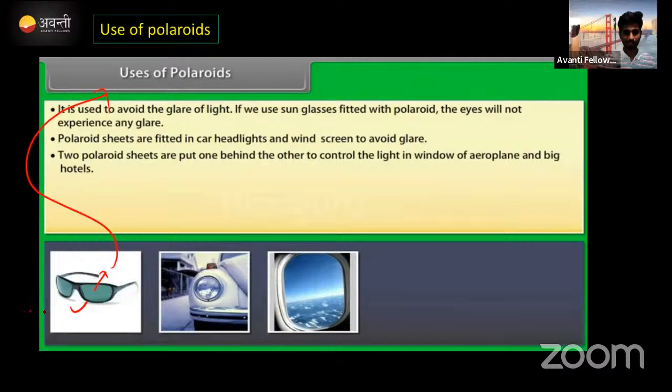Just imagine unpolarized light is incident on it. It will allow only the one type of wave which is parallel to the polarizer. Means only one kind of wave is coming, and almost all of the intensity of light थोड़ा सा decrease होता है.